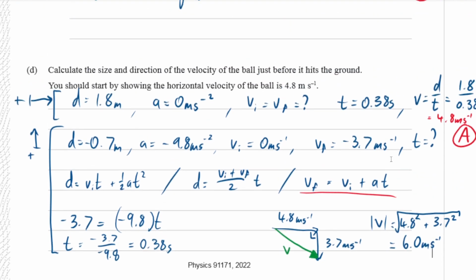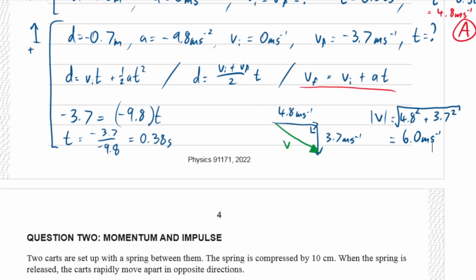Now that is the magnitude, but for a vector such as velocity we also need its direction. So to find the angle, we first label it on our diagram, and so tan of the angle is equal to opposite, so opposite the angle is 3.7 divided by adjacent is 4.8, and so the angle itself would be the inverse tan of 3.7 divided by 4.8.